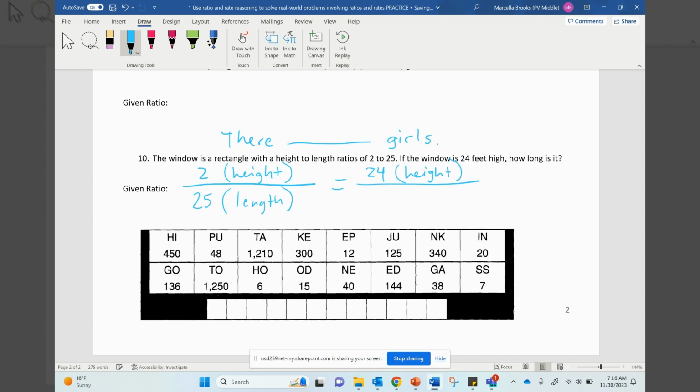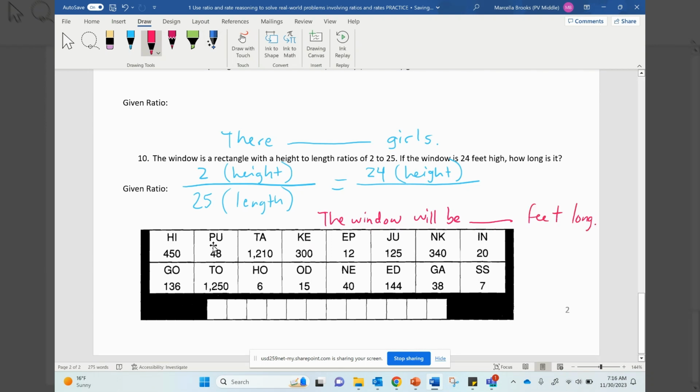Okay. So our sentence stem is going to be, the window will be blank feet long.